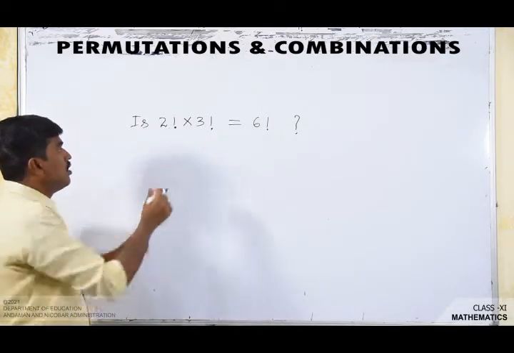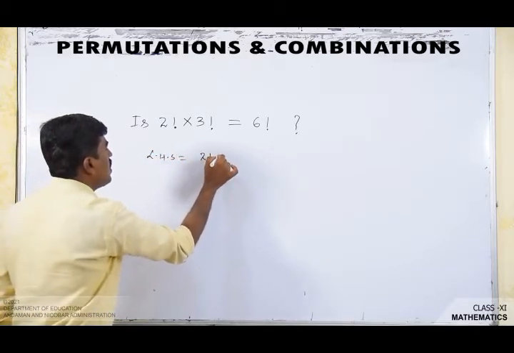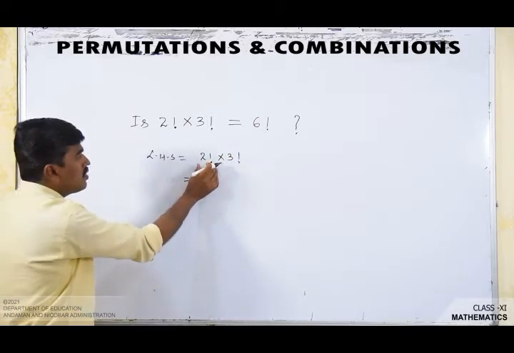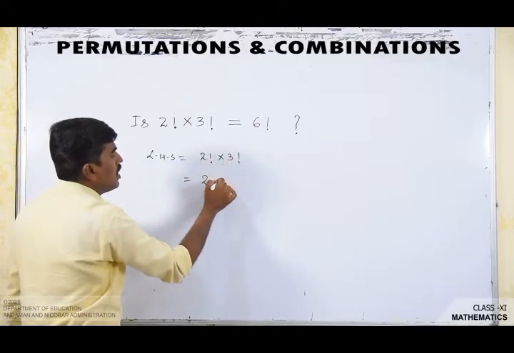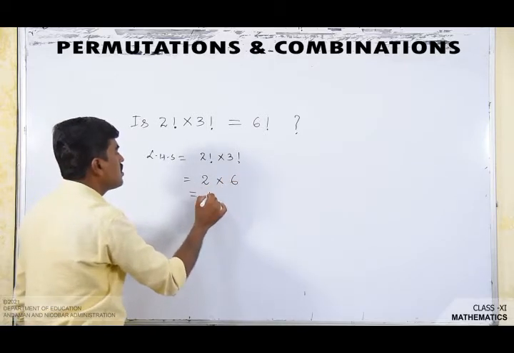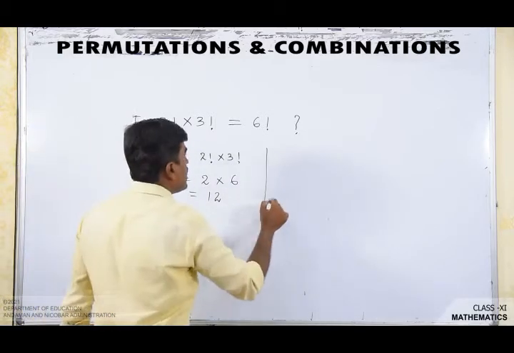Let us check. What is the LHS here? LHS is 2 factorial into 3 factorial, and the value of 2 factorial is 2, and the value of 3 factorial, that is 3 into 2 into 1, is 6. So it is equal to 12.